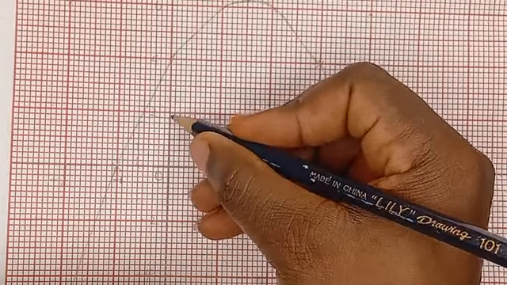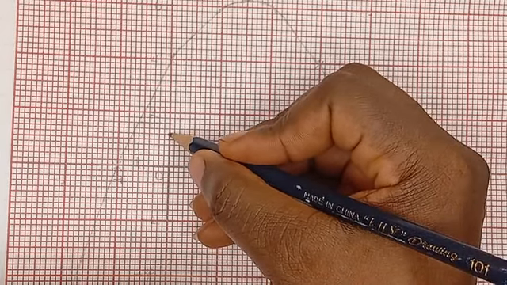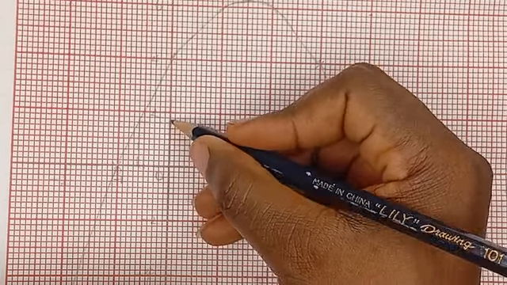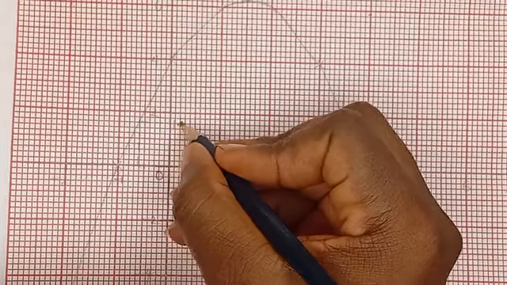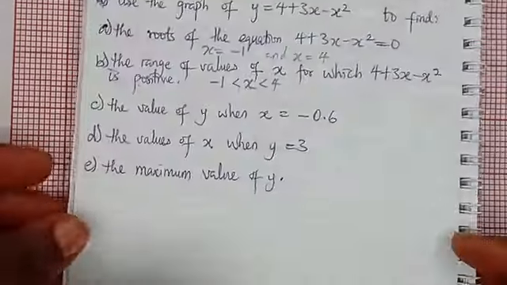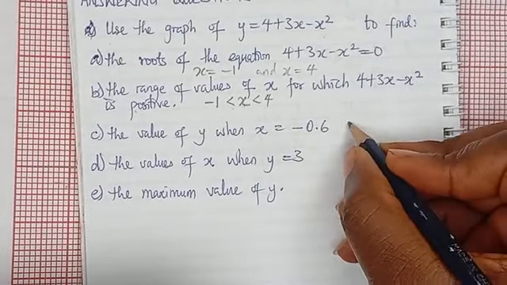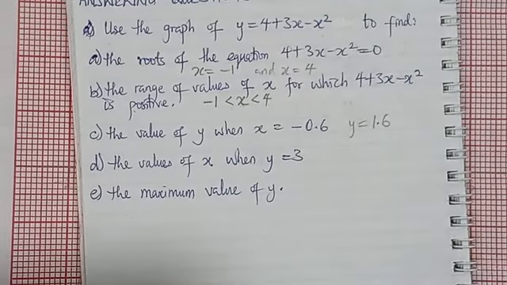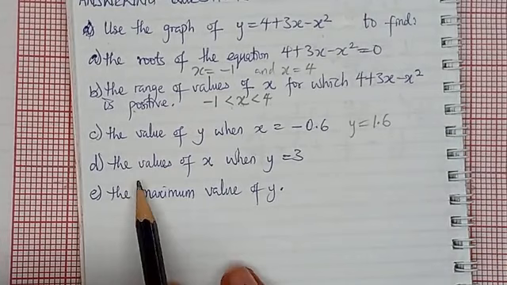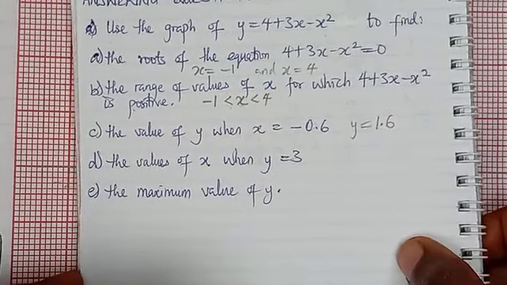If this is 2, that means this is 1. So 1, 0.2, 0.4, 0.6. Therefore, y is equal to 1.6 at that point. We now say the value of y when x is equal to minus 0.6 is 1.6.